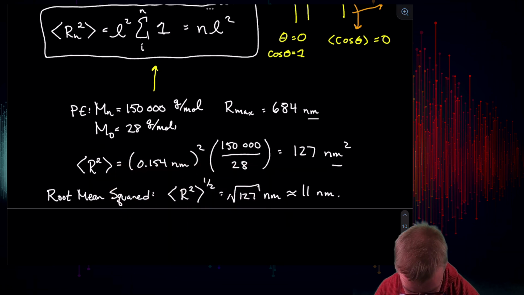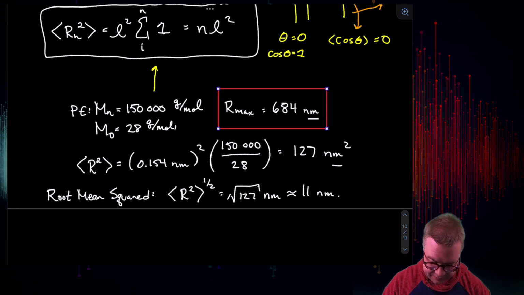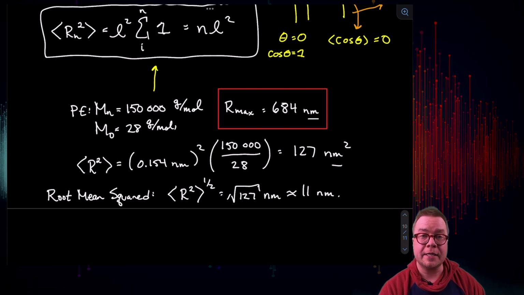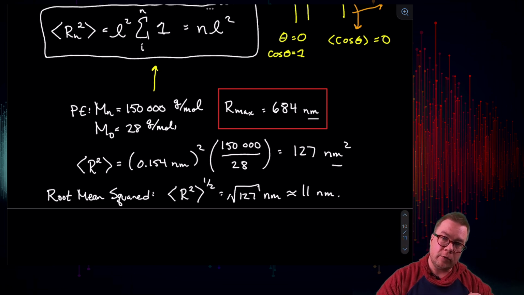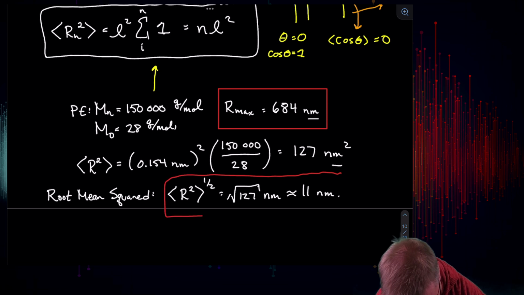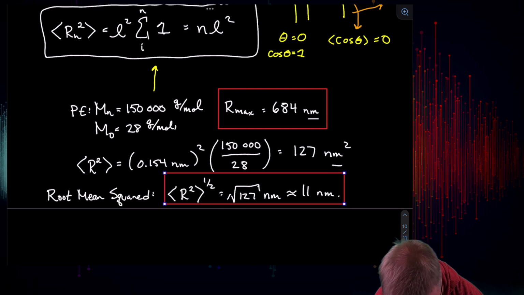So compare these, right? The maximum length of this polyethylene chain is 684 nanometers, but the actual size, because it has flexibility, because the bonds can rotate, is much smaller. Not anywhere close to that.